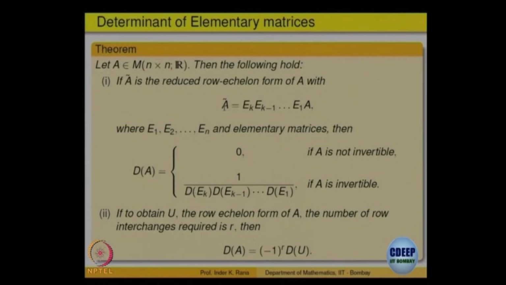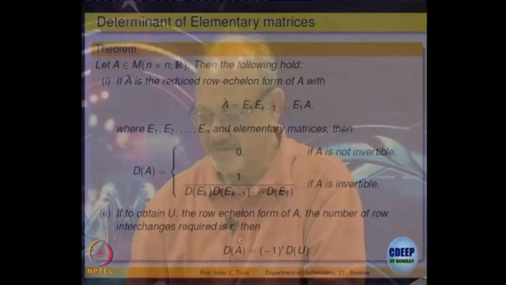What is the determinant of A tilde in the reduced row echelon form? That depends on the form of that A tilde. It is a square matrix. So, one possibility: the reduced row echelon form of a matrix A will be the identity, in which case its determinant is 1, or there will be a row at the bottom which is 0.